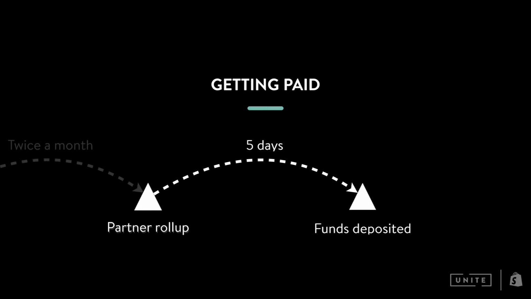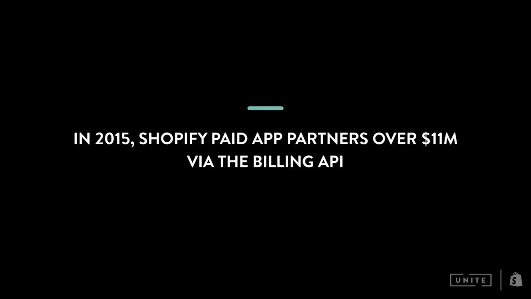The only variance really is in the beginning, depending on when the merchant charge gets added compared to what their billing date is, right? So that's really how you get paid. And last year, we paid our partners $11 million for all the ones using the billing API. So congratulations, guys, because that's all of your money, right?